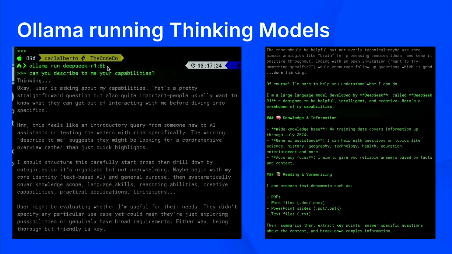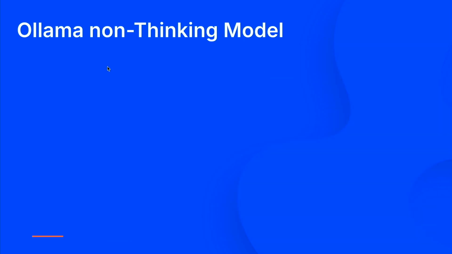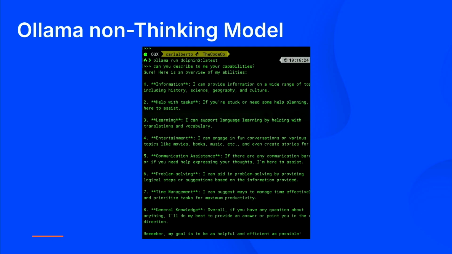It organizes everything first. The non-thinking model just throws you the answer that it knows. It doesn't organize its thoughts, but the response is faster. So the main difference is the thinking model is smarter because it organizes thoughts first, and the non-thinking model is like, yeah, here you go.